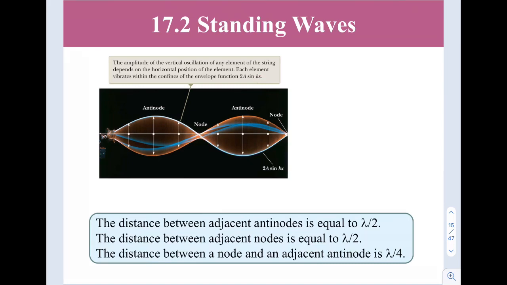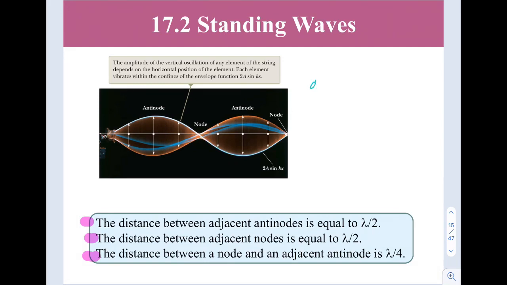So the most important part that you have to bear in mind is this one. The distance between adjacent antinodes is equal to half lambda. The distance between adjacent nodes is also half lambda. The distance between a node and an adjacent antinode is lambda over 4.